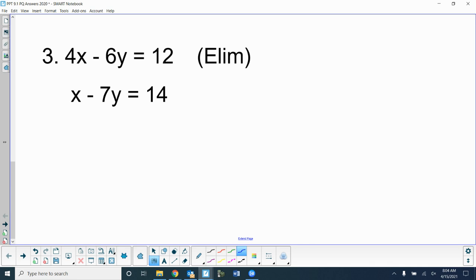Negative 44. Divide both sides by 22. And you get y. Put your line here so you know you divide, right? Now, put that in either one of these and figure out x.